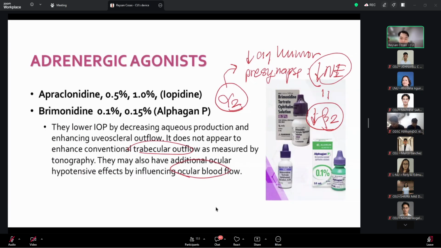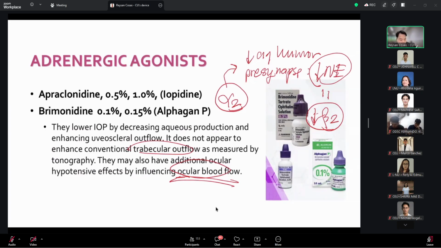Kasi review tayo. Ano nga ang mga alpha-2 adrenergic agonists? Are they vasoconstrictors or vasodilators? Constrictors or dilators sila mga doc? They are dilators. So, because they are vasodilators, they could also have additional ocular hypotensive effects.